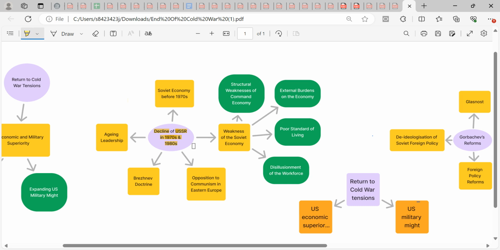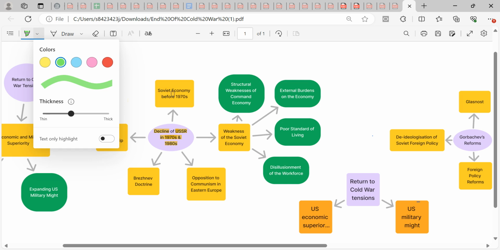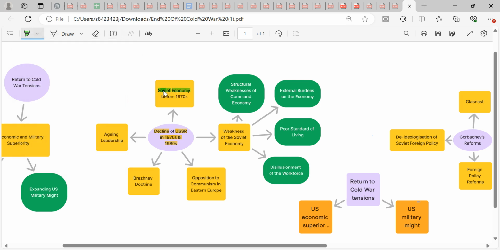that we are trying to understand what were the reasons why the Soviet Union experienced that sharp decline in the 1970s and 80s. Okay, so before we can understand the decline, just a few things to take note of with regards to what the economy was like prior to the 1970s.